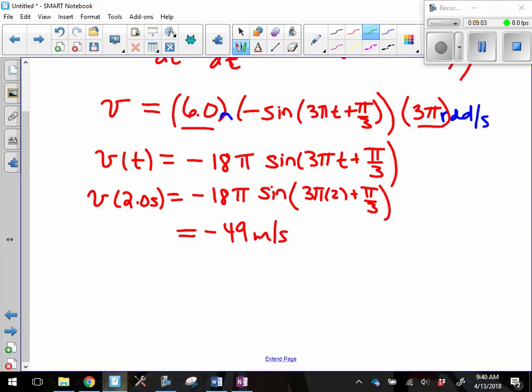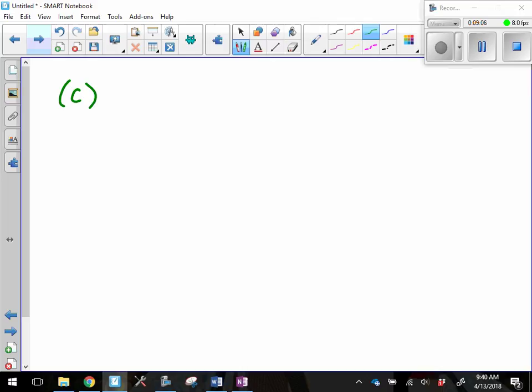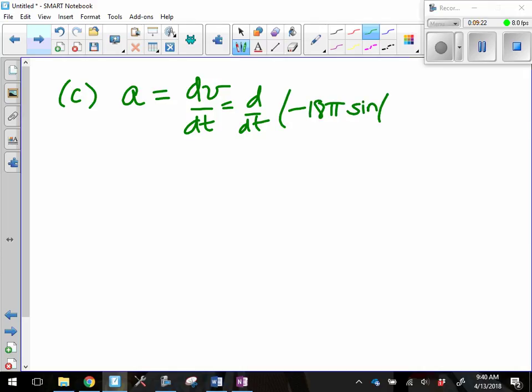Okay. How about part C? What does part C want us to find? The acceleration. How do I always find acceleration? Yeah, dv/dt. So I'm going to take the derivative of negative 18 pi sine of 3 pi t plus pi over 3.